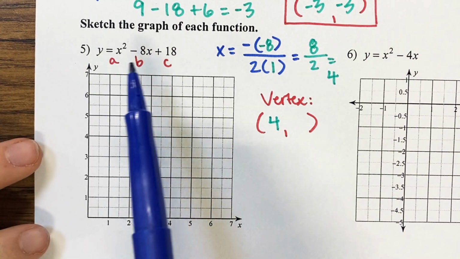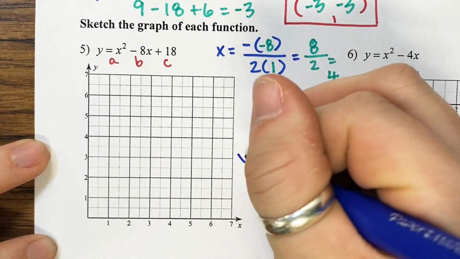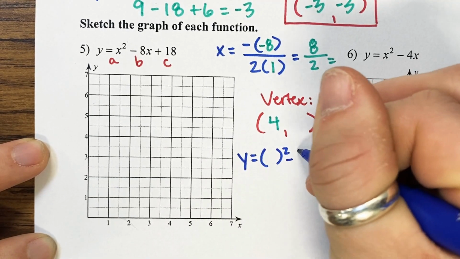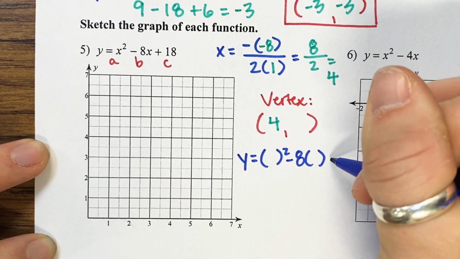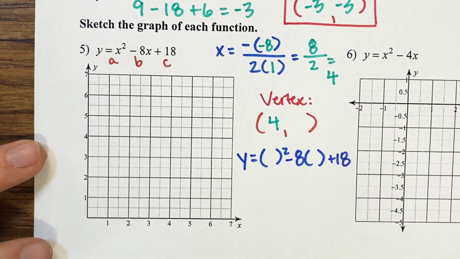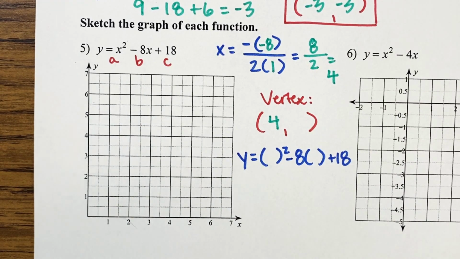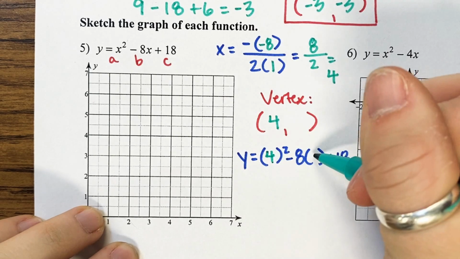So now let's copy down our quadratic. Y equals x squared minus 8 times x plus 18. Okay, and everywhere I see that x, we're going to plug in that 4 because we found that x equals 4.